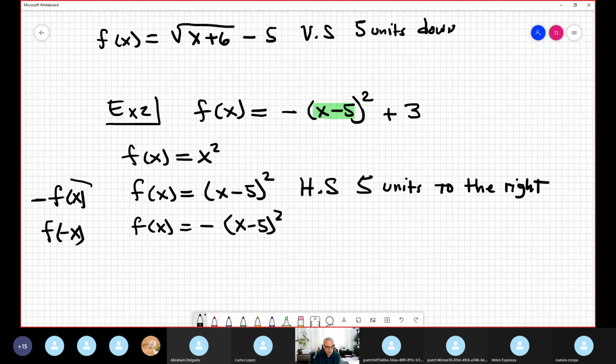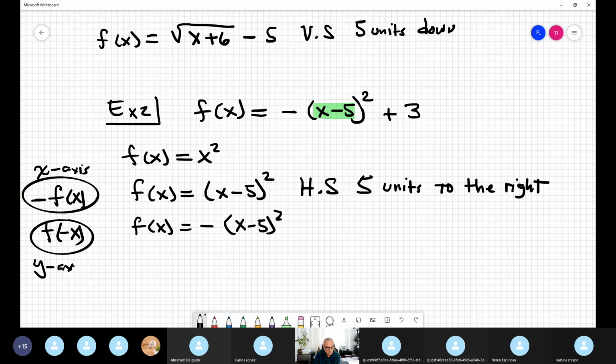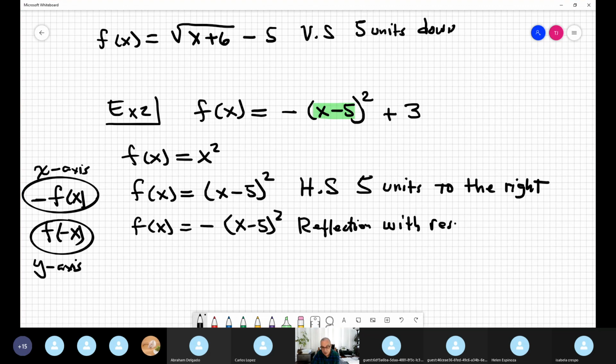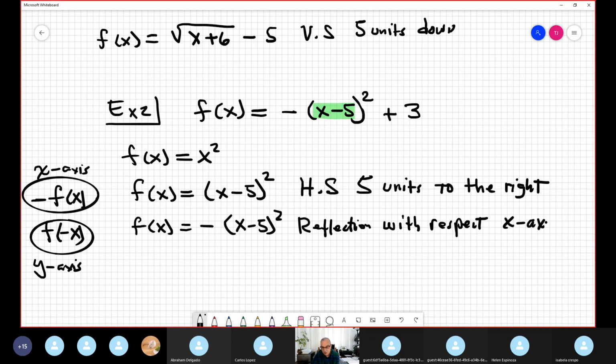This is reflection with respect to the x-axis, and this is a reflection with respect to the y-axis. Here it's a reflection with respect to the x-axis, because the negative is outside the parenthesis.